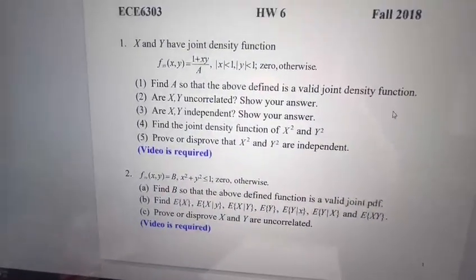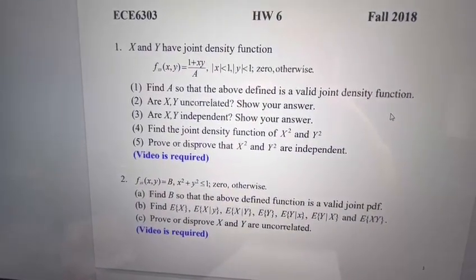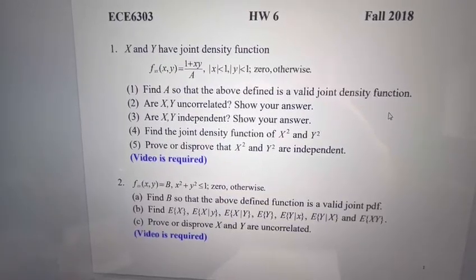Question number 5 asks us to prove or disprove that X squared and Y squared are independent.